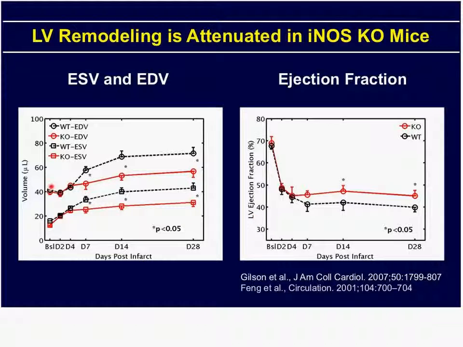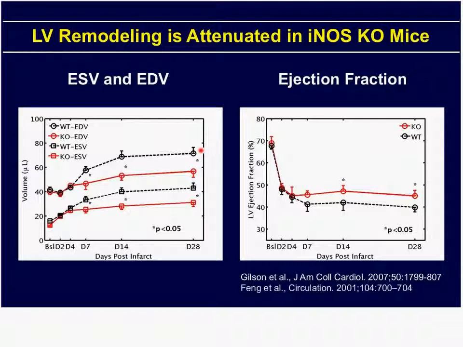You'll notice that when it comes to either end-diastolic or systolic volume, there's not a lot of difference between groups up to day 4, but then we get divergence at day 7. In fact, we get statistical difference from day 7 on to the end of the study.